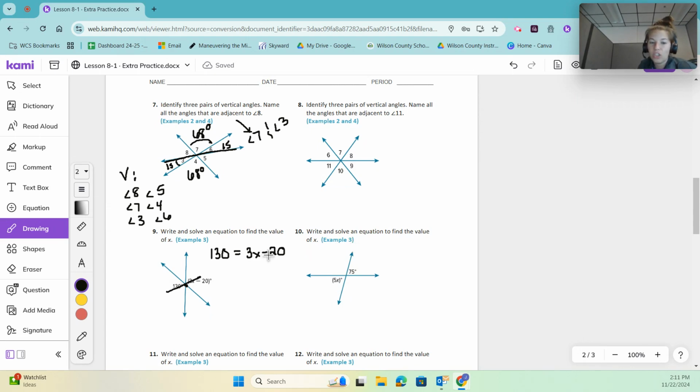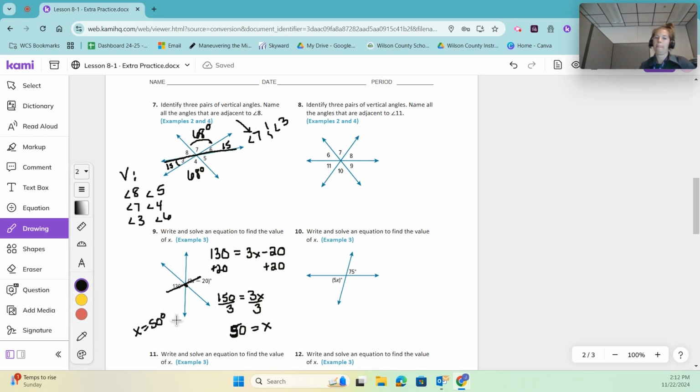Then you can solve. Using inverse operations, add 20 to both sides. That means you have 150 equals 3x. Then 3x is 3 times x, so we divide in order to solve. 150 divided by 3 is 50, so x equals 50 degrees.